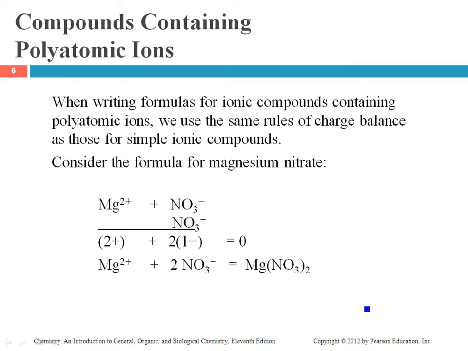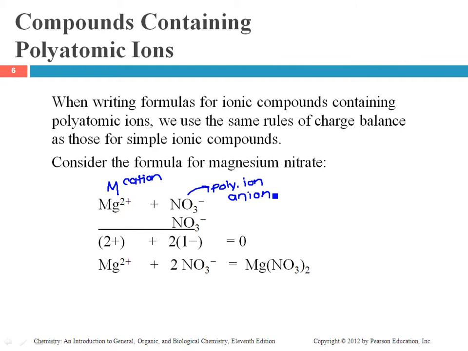Now we have a metal, a cation, but we also have a polyatomic ion, which is an anion. So instead of metal and nonmetal, you often see cation and anion, because now we have a group of atoms that bear a negative charge.